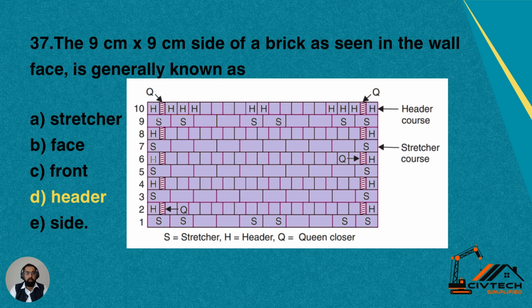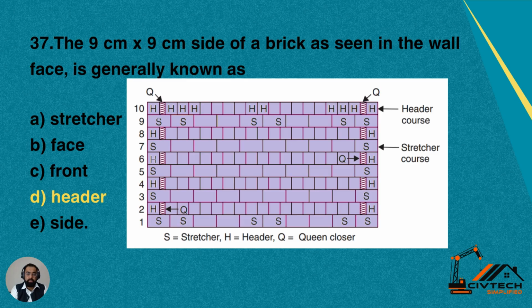Then we have question 37. The 9 centimeter by 9 centimeter side of a brick as seen in the wall face is generally known as: stretcher, face, front, header, or side. So what is the terminology used to represent the 9 centimeter by 9 centimeter side of a brick as seen in the wall face?